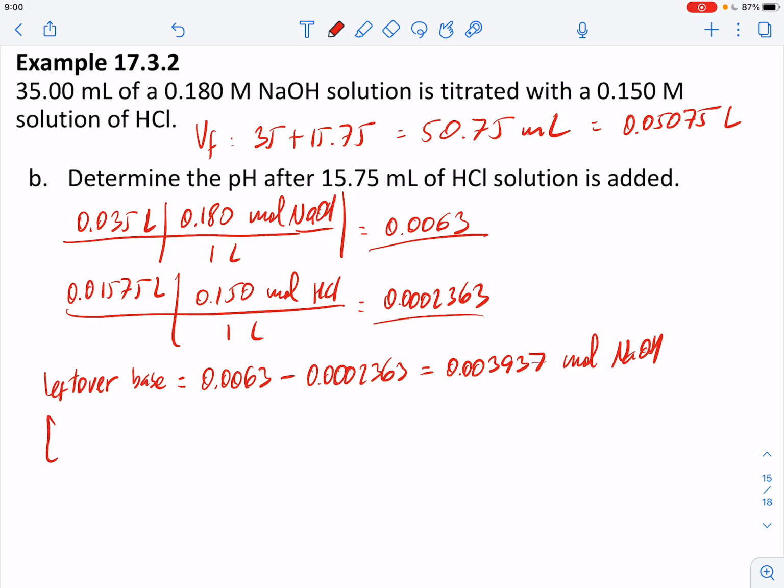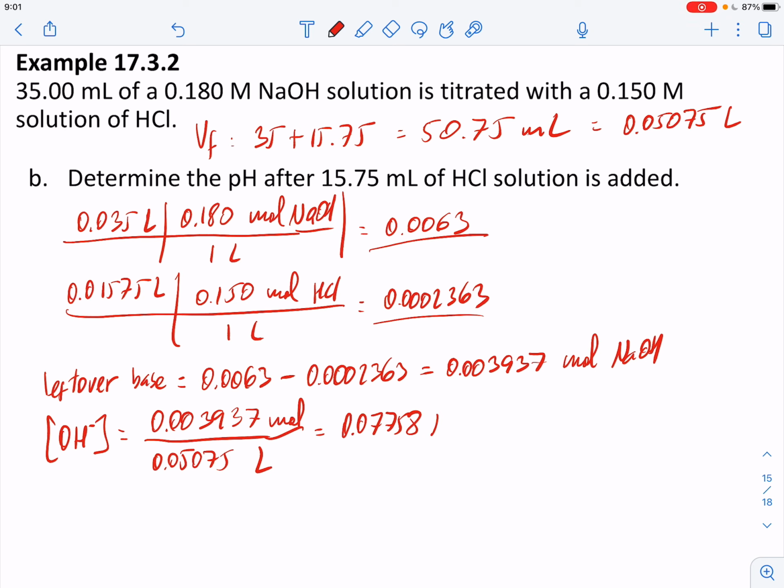Therefore, the concentration of the base, which is equal to the concentration of OH minus, is equal to the leftover base divided by the final volume. These are moles, these are liters, and this is equal to 0.07758.